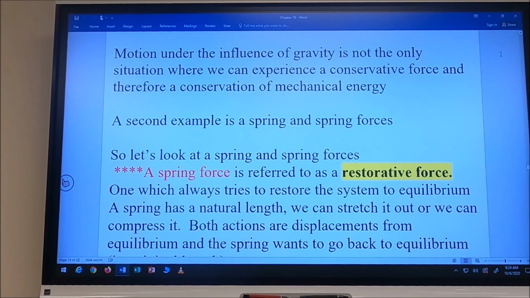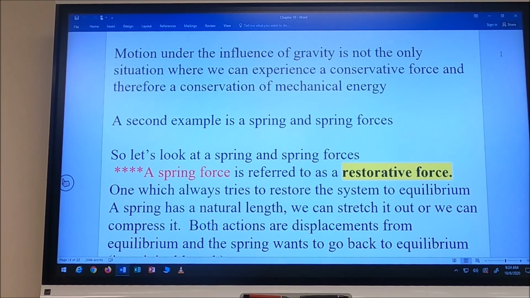Motion under the influence of gravity is not the only situation where we encounter a conservative force. The next conservative force on our hit list is a spring force. A spring force is called a restorative force because when you take a spring of a certain length and you either pull it out or you push it in, the spring pushes back in the opposite direction.